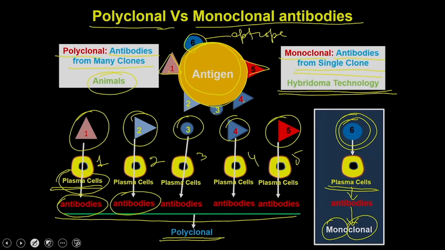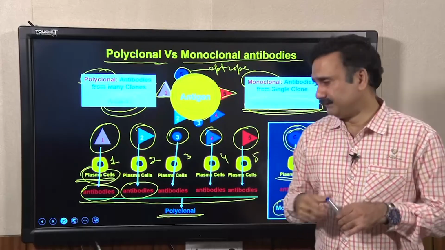So, these are the two ways to produce antibodies: the polyclonal antibody, where you can directly use animals, or the monoclonal antibody, where you use hybridoma technology to select the clone and then ask the clone to produce the antibodies. This is what we are going to discuss in this lecture.